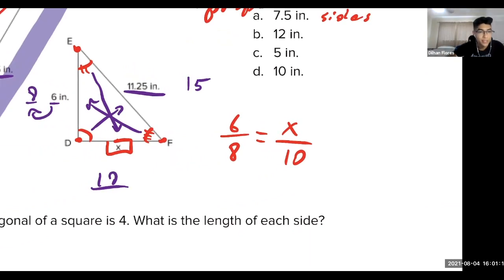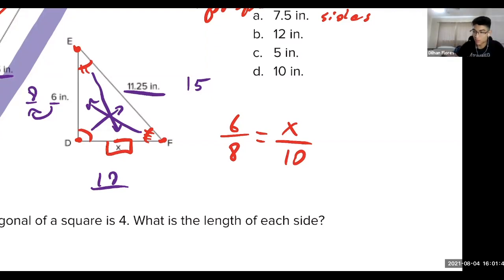Let's see. Caleb, how do you solve a proportion? Caleb, you there? Mic doesn't work? Okay, no worries. Brady. Sorry, not Brandy. You multiply the other side by 10 and then multiply x by 8.